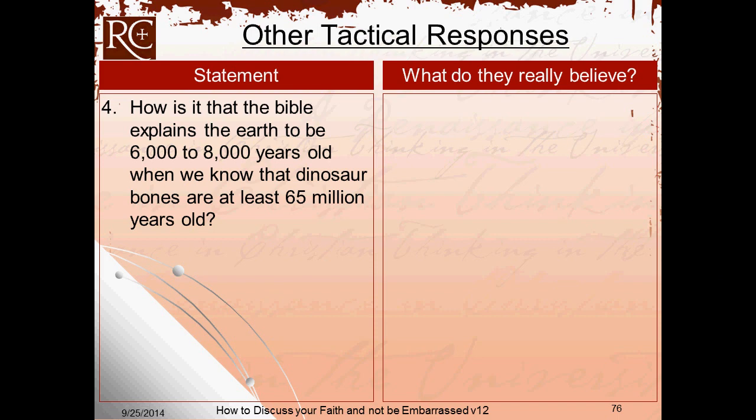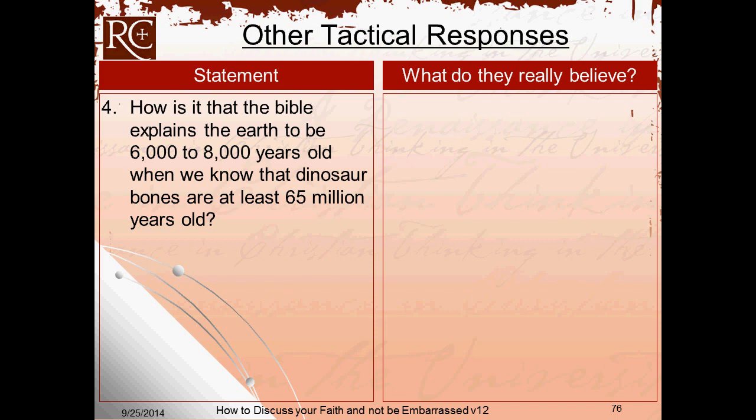The question is, how is it that the Bible explains the earth to be 6,000 to 8,000 years old when you know that dinosaur bones are at least 65 million years old? This person actually has a pretty good question, because he may have Christian friends who say the earth is young, it's only 10,000 years old.